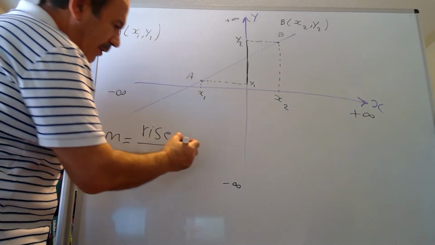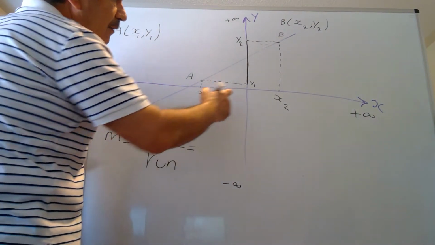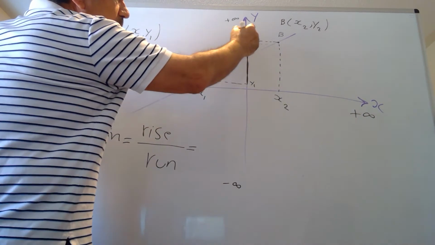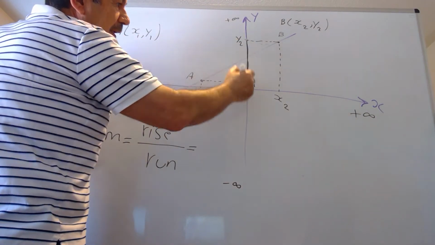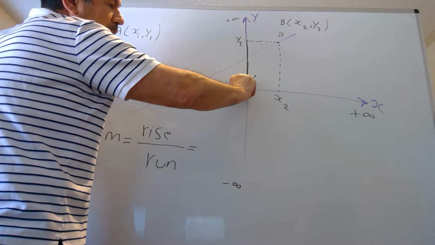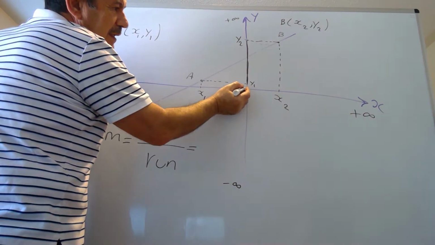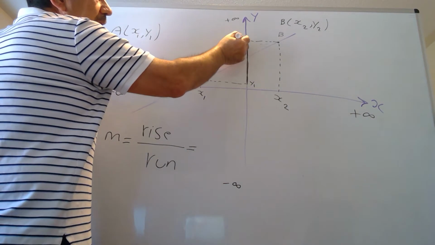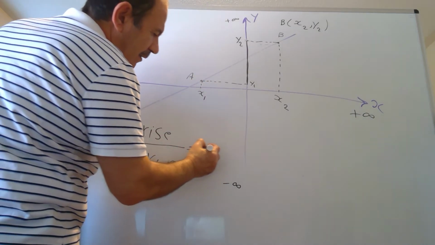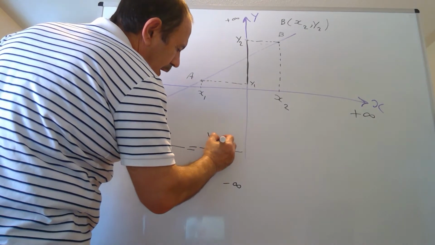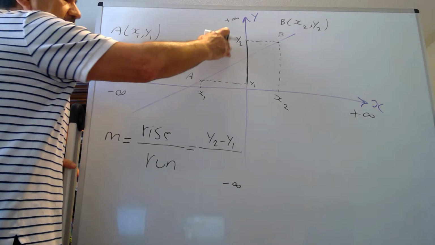So how much is the rise? It is y2 minus y1. The subtraction of y2 minus y1 is the change in height.